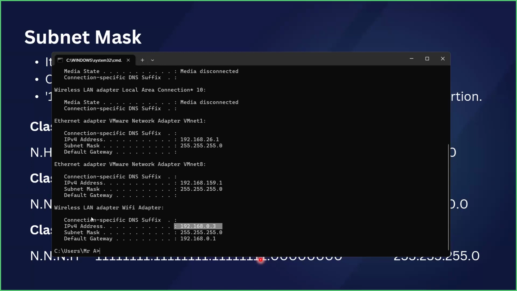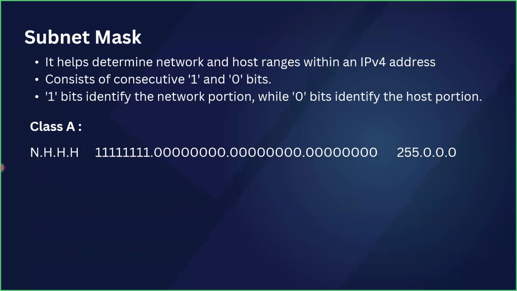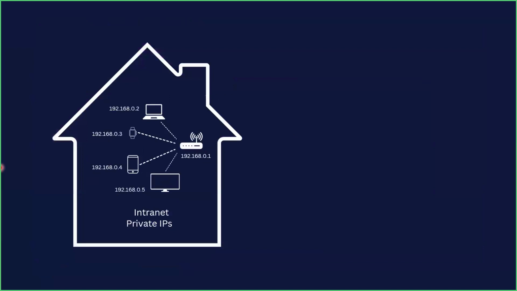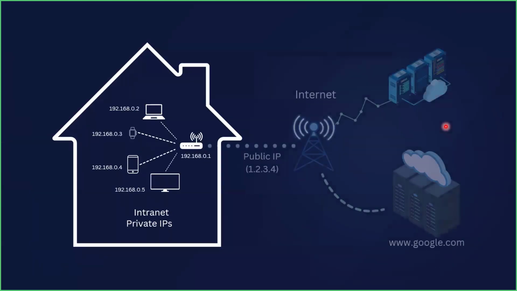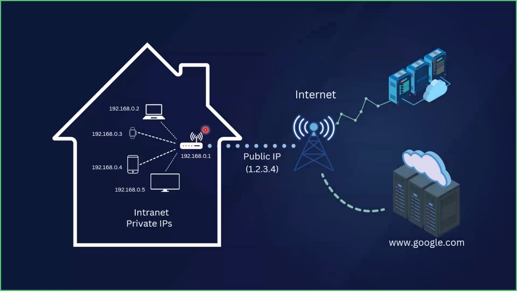And then you have something called default gateway. This is basically a fancy name given to your Wi-Fi router. So the Wi-Fi router in your network, or any router in your network, is called the default gateway. Why is it called the default gateway? If you look at this diagram here, whenever any of my devices in my home wants to communicate with the internet, all of them will have to send the packet to the router here.